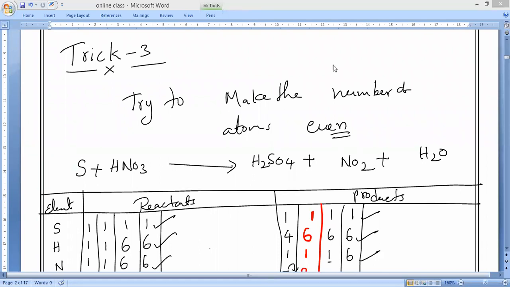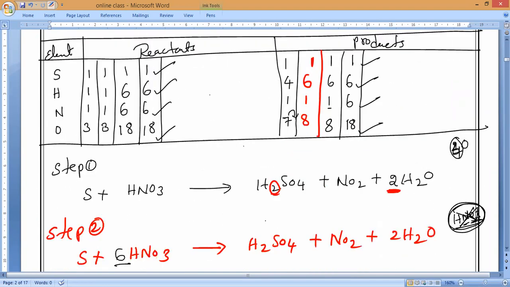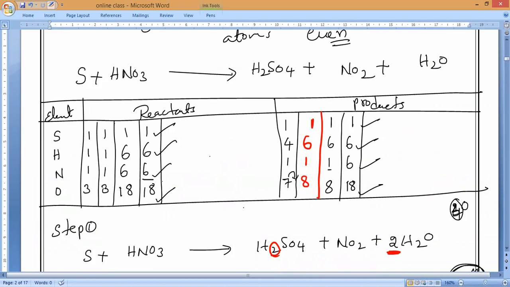Sheshani, have you understood? Sir, can you teach me the third step again? Step 3. See Sheshani, here nitrogens are 6, but here nitrogens are 1. So 1 becomes 6.